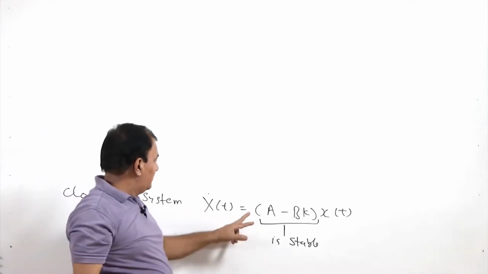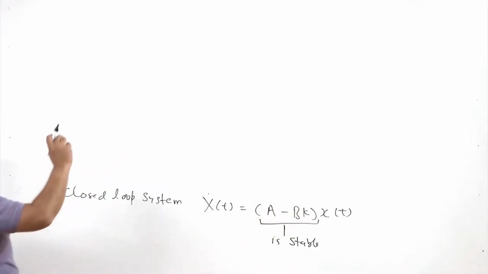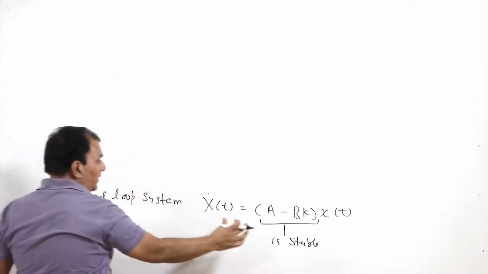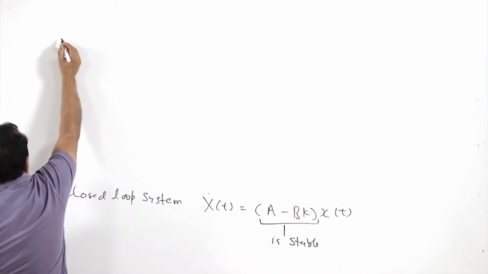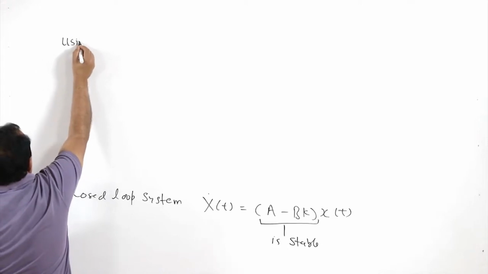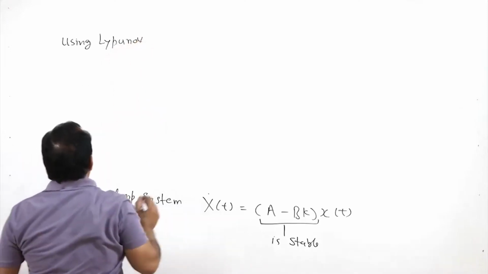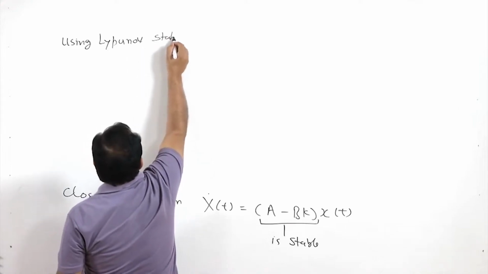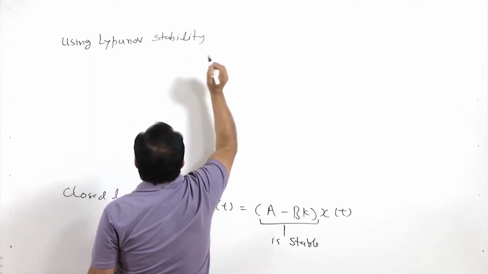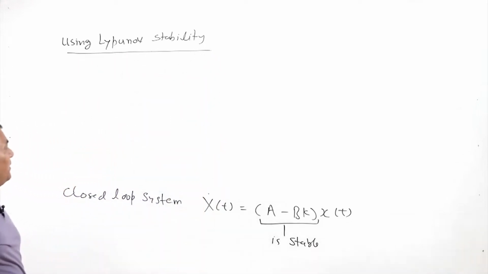My closed loop system is x dot equal to A minus BK x t, and we have to prove that A minus BK is stable using the Lyapunov stability criteria.